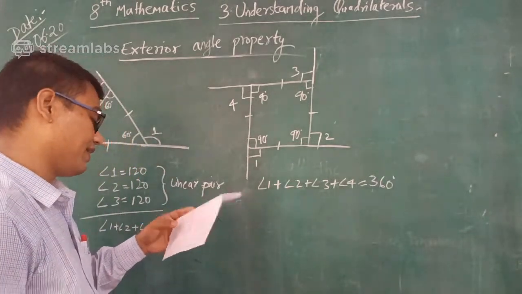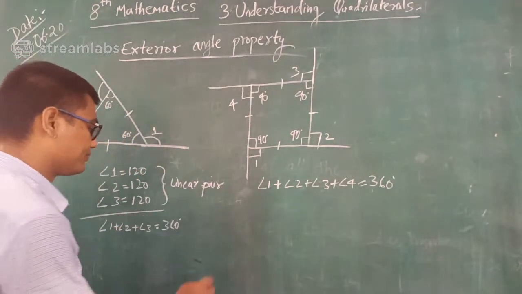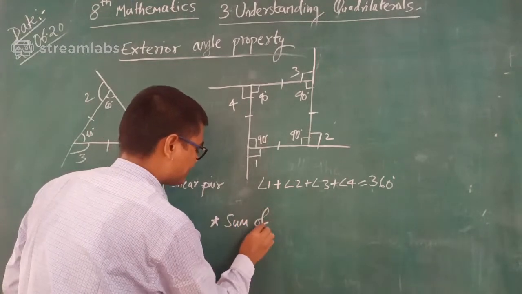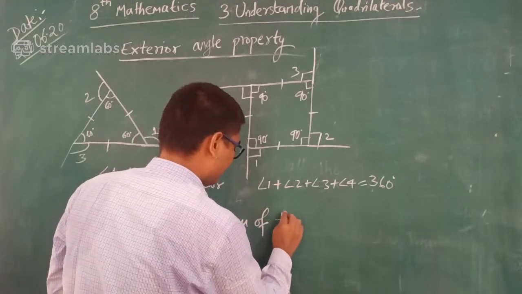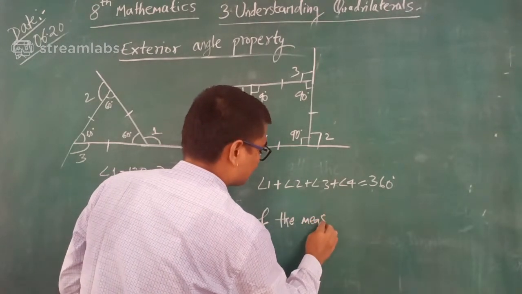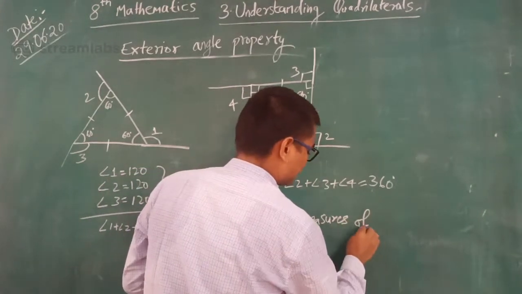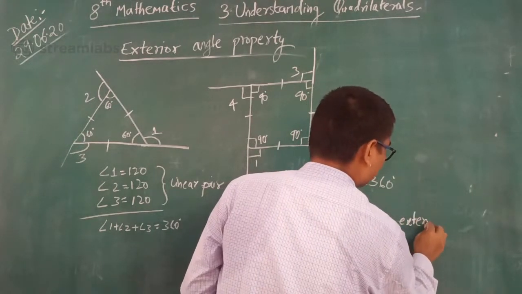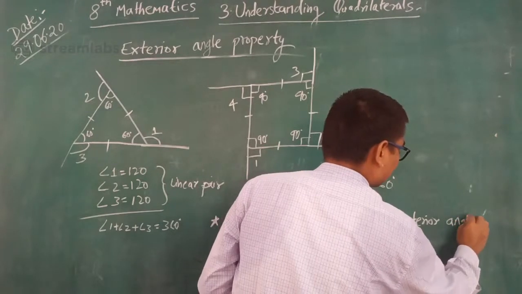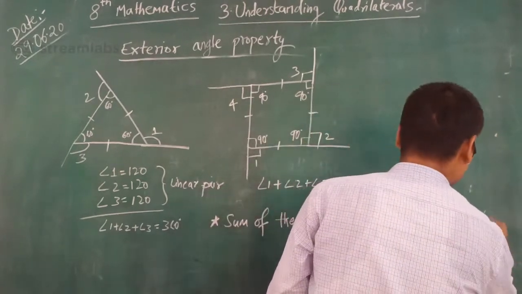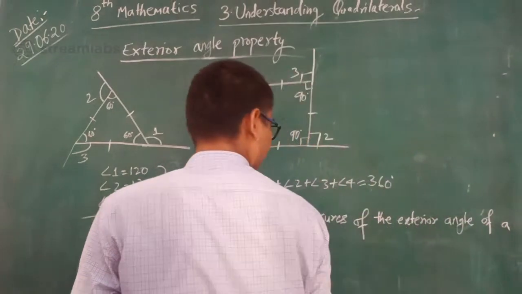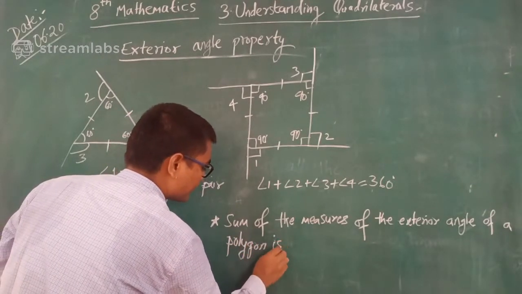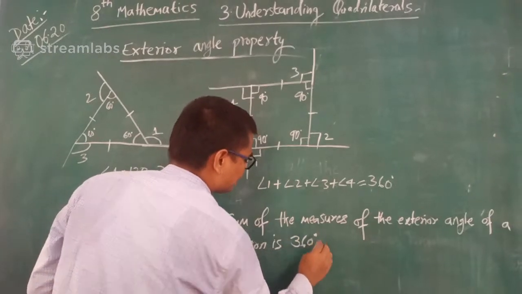So we can say that the sum of the measures of the exterior angles of a polygon is 360 degrees.